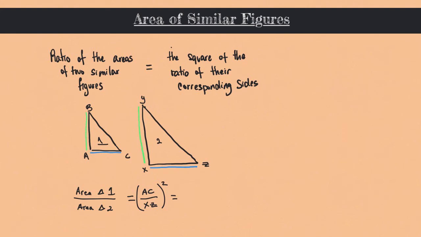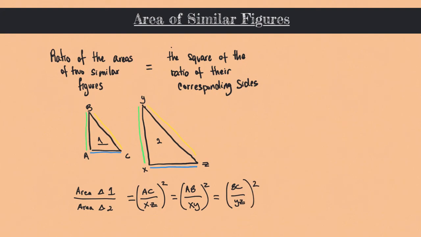The corresponding heights would be AB to XY. And the final pair is our longest side of our two similar triangles. BC is corresponding to YZ. Okay?